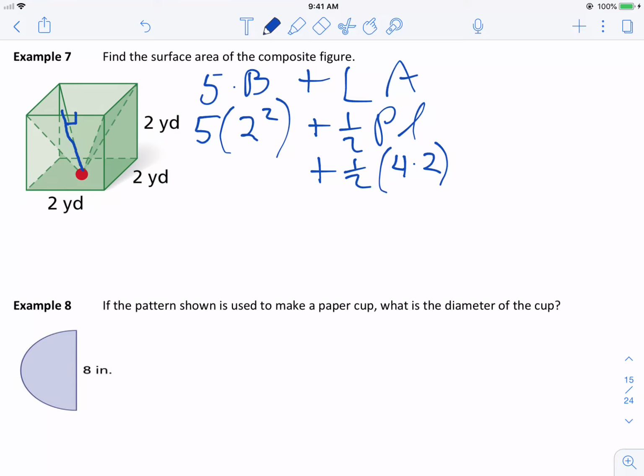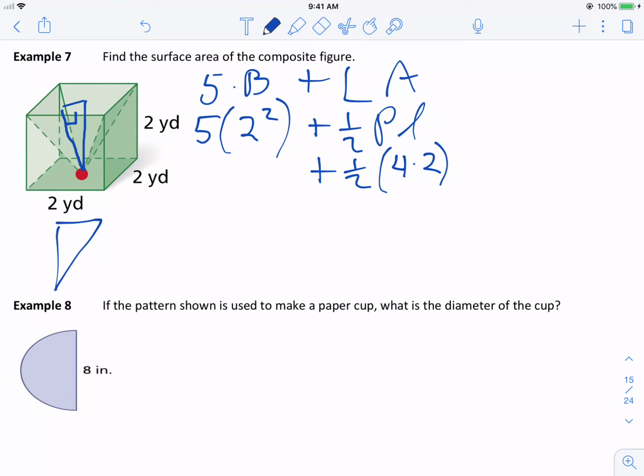Now, the only measurements that we have in this problem are the base edge length for the cube. If we were to envision an inverted right triangle in here, we can kind of visualize what's going on. Let me pull this out and redraw this so we can see this in a more conventional way.